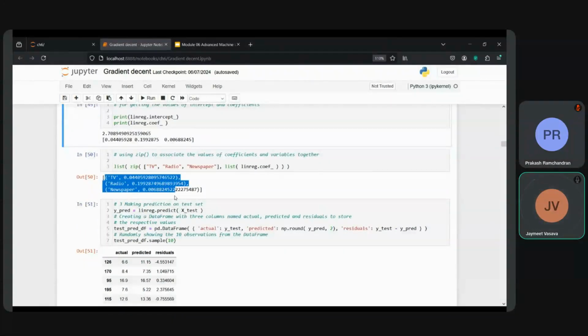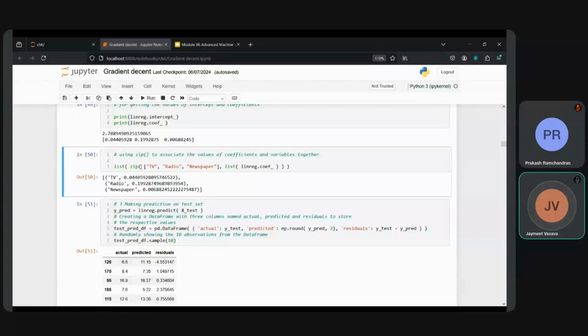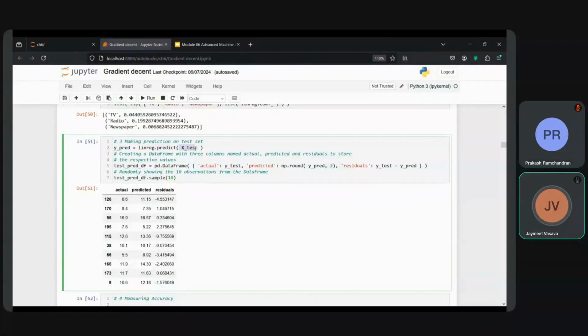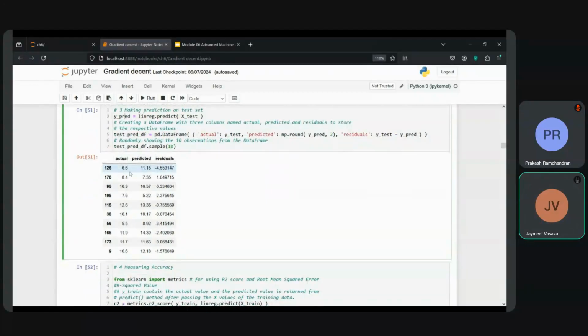We use the zip function to get the values together for TV, radio, and newspaper, and make the predictions on the X test and save them in y predictions. Then we make the test prediction DF, and you can see the actual values, the predicted values, and the residuals over here.